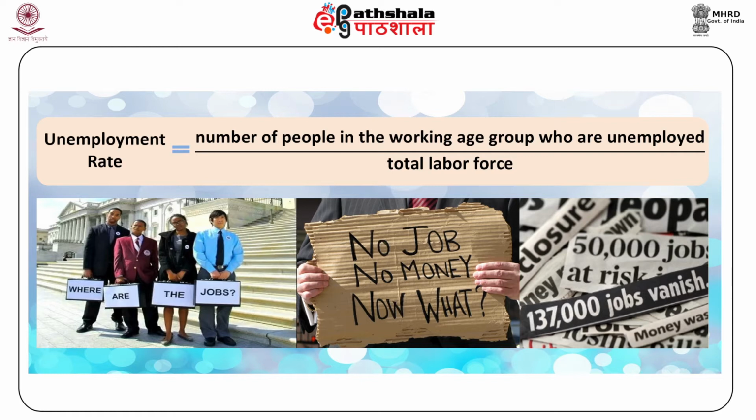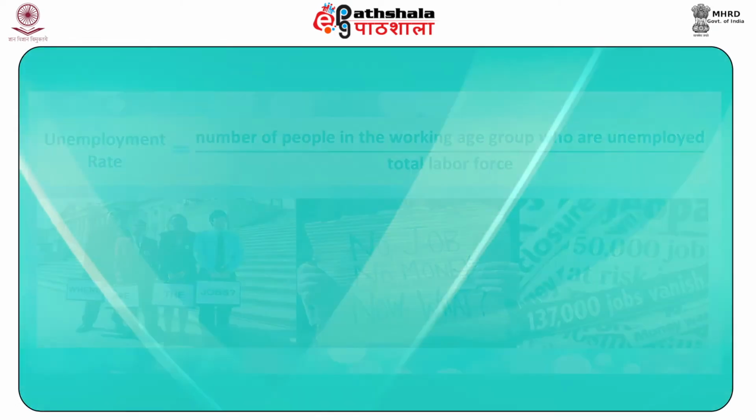It is defined as the number of people in the working age group who are unemployed, that is, those who are looking for jobs but are unable to find them, as a proportion of the total labor force. The level of output in an economy is one of the central macroeconomic variables as it determines the level of economic activity and hence the pace of job creation.